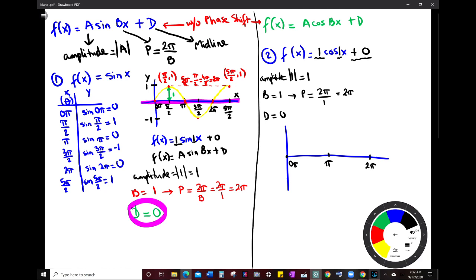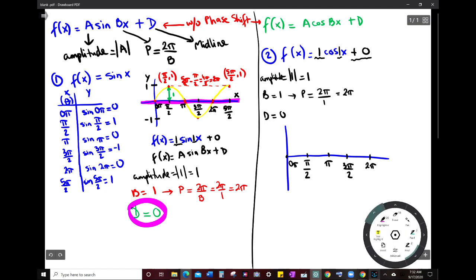And then halfway between 0 pi and pi will be pi over 2. And then halfway between pi and 2 pi will be 3 pi over 2.